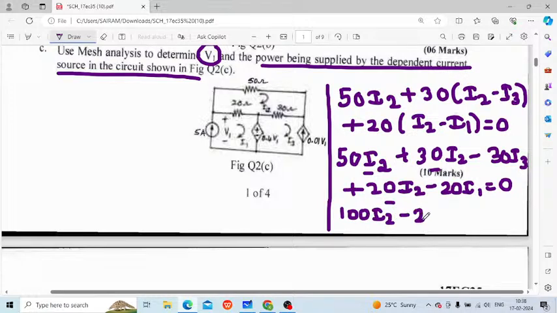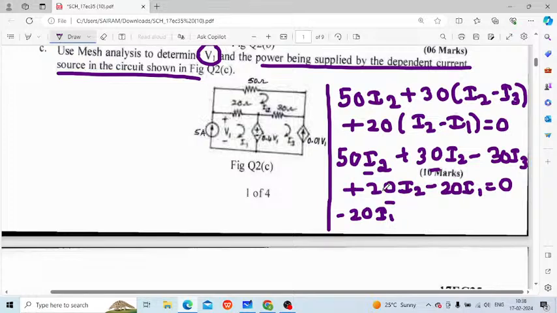So minus 20 I1. So I'll write the equation in an order. Here you make a mistake, please write the equation in order. That is I1, I2, I3, not I3, I2, I2, I1, I3. Okay, yeah. So it is minus 20 I1 and what I can say, this one, which one?